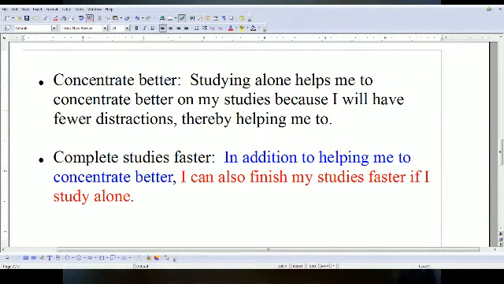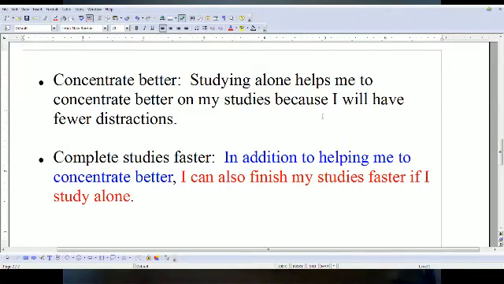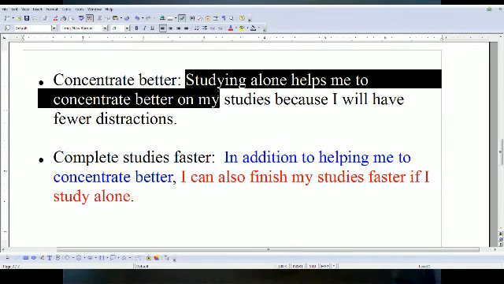So it's probably better here in this first one. I'm saying here, studying alone helps me to concentrate better on my studies because I have fewer distractions. So concentrate is the key idea. So it's probably better that I state that in the independent clause, not in the dependent clause. So again, here we have the main idea in red.